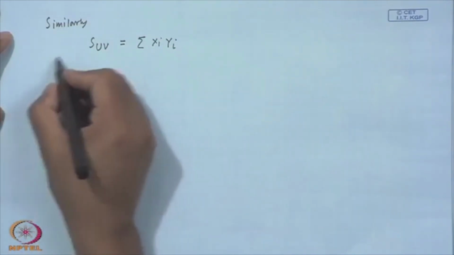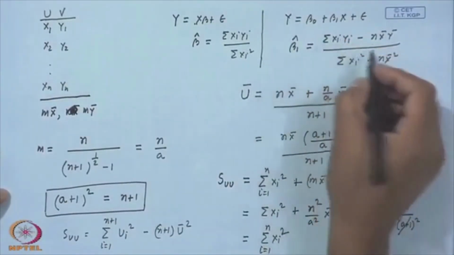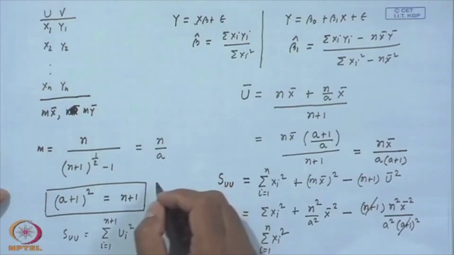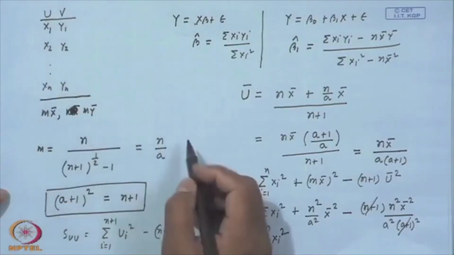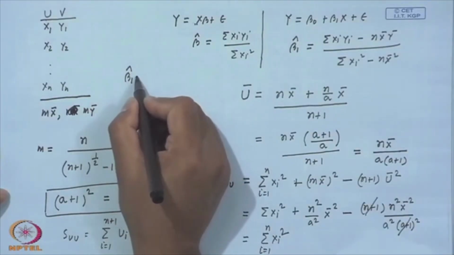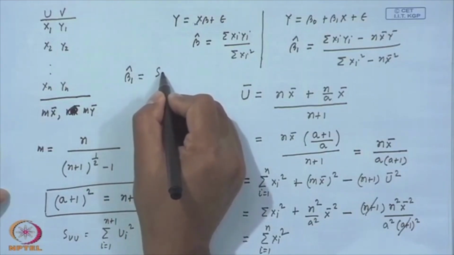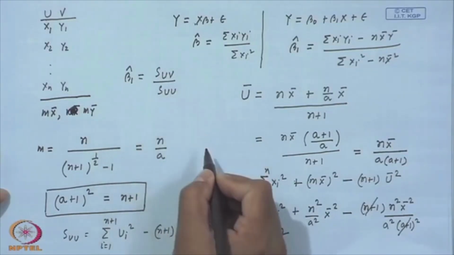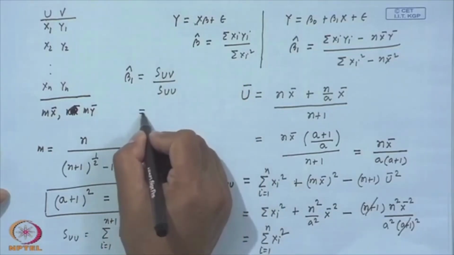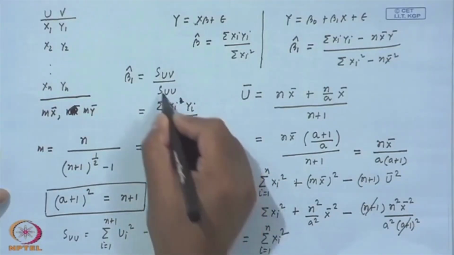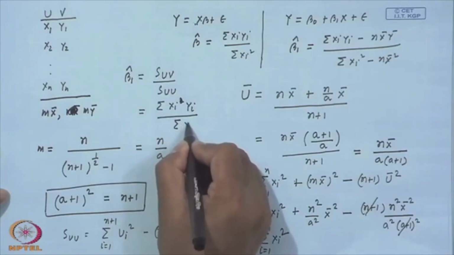So, now if you apply the programmed calculator to the new set of data which involves n plus 1 data points, and we call them u, v, then the programmed calculator will give you the estimate beta 1 hat, which is equal to S_uv by S_uu, and you have proved that S_uv is nothing but summation x_i y_i, and S_uu is equal to summation x_i square.